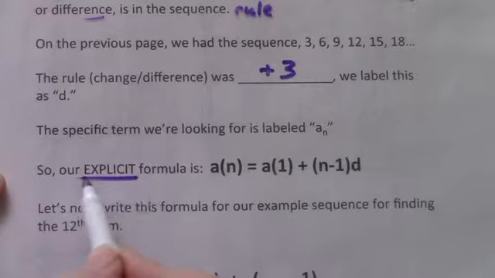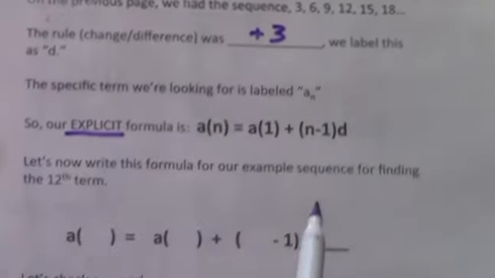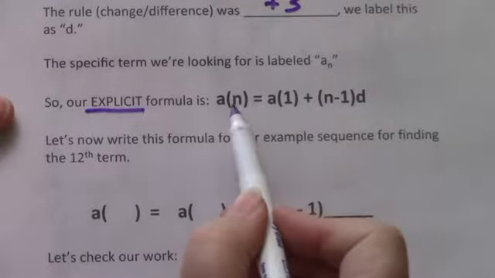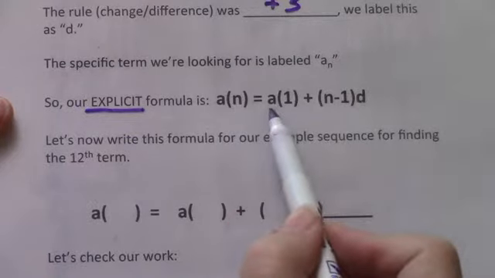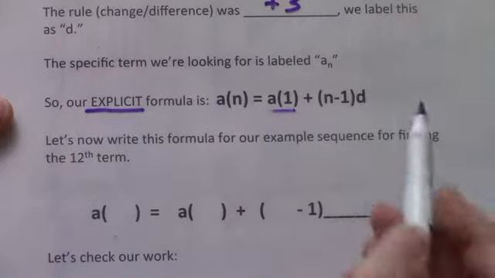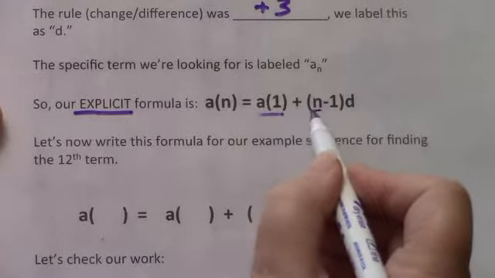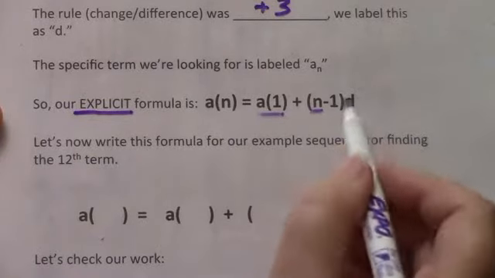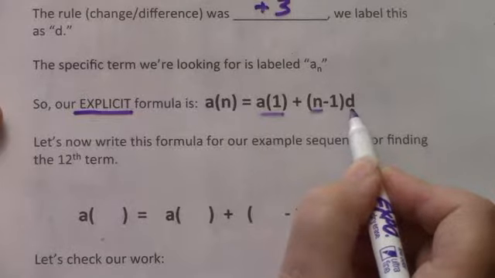An explicit formula is written like this. It's asking us, what is the term going to be? We have to list the first term, then we will substitute in the number term that we're looking for, subtract it by 1, and then multiply it by d, or the difference.